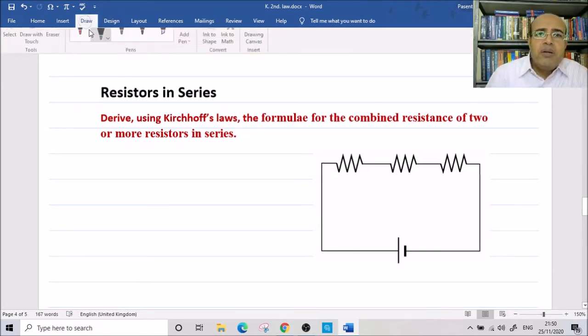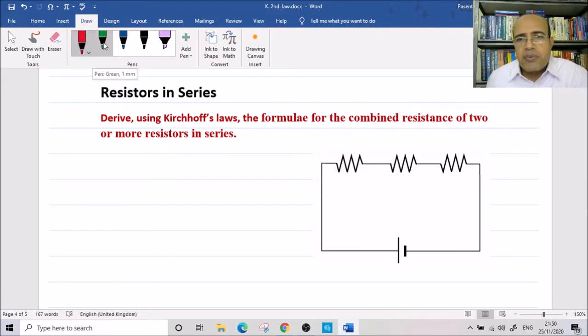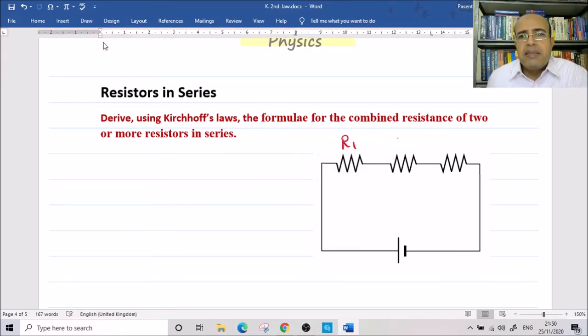Now we have here resistors. This is R1 and this is R2 and this is R3 connected in series. This is positive and this is negative. Because it is a series connection, the current is the same. So we have one current in that circuit.